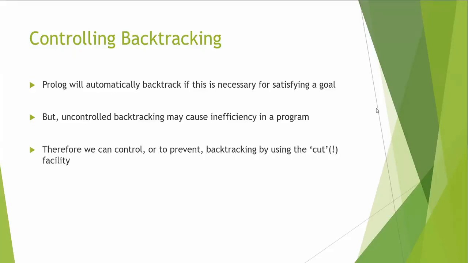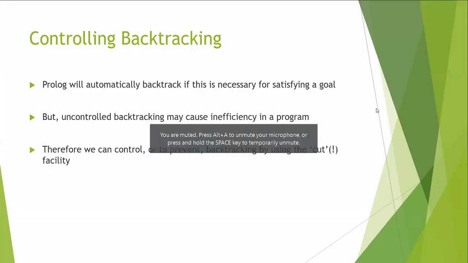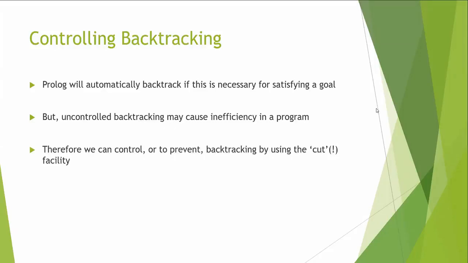This is the inherent feature of Prolog, that it automatically backtracks to satisfy a goal. Even if the goal fails, it is obvious that it will try for some other solution. But even if it gets the solution, even if the goal is satisfied, Prolog still tries to find the other solutions, right?